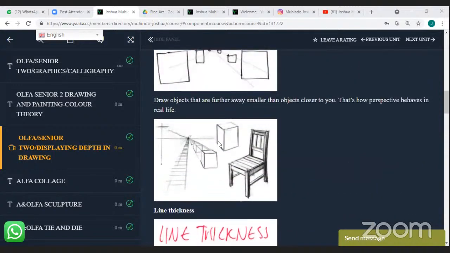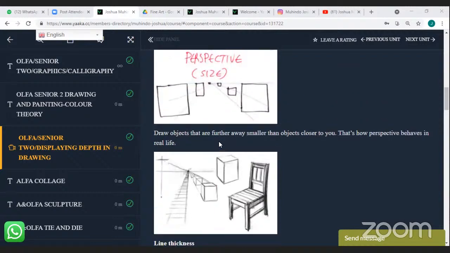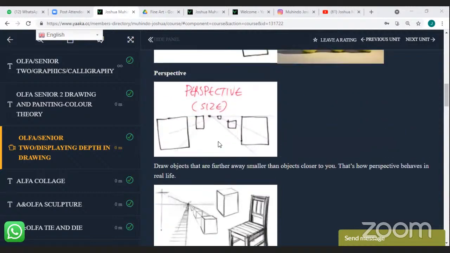I want to let you know that perspective applies in each and everything. Okay, in simple terms, I said that the things that are close to us look bigger, but as they recede, they become smaller. And in that same term, we realize that lines that are close to us are thick, but as they reside very far from the viewer, they become smaller.